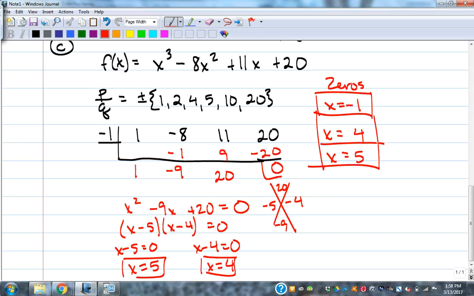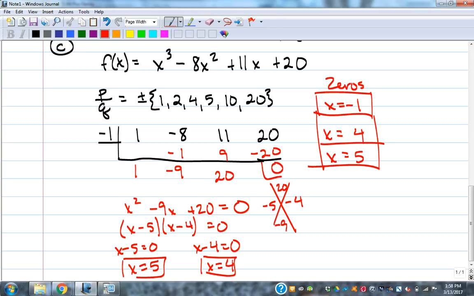We have 3 zeros to that. You will always have the same number of zeros as the degree, but you won't always have the same number of x-intercepts. That comes into play when the imaginary numbers come involved, like the complex solutions to a quadratic. Remember we did those back then. So we'll see an example of that in just a little bit.